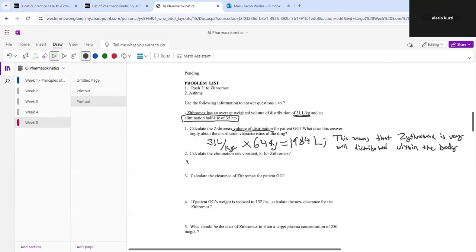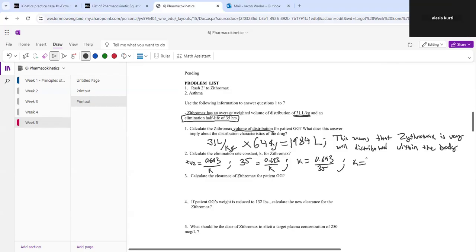The equation we're going to use is T half-life equals 0.693 over K. So 35 hours equals 0.693 over K. Now we just have to rearrange to solve for K. So K equals 0.693 over 35.